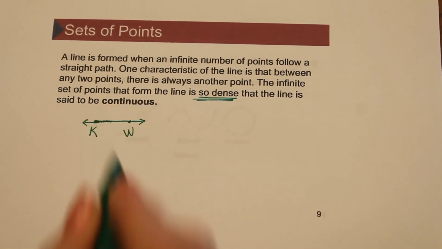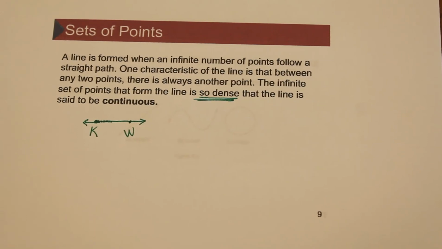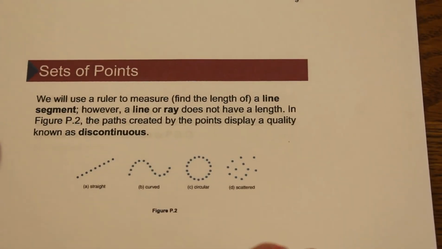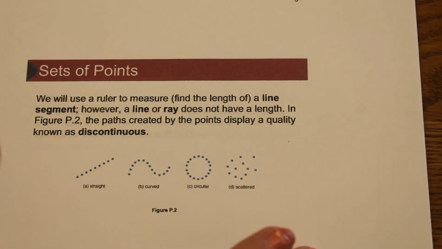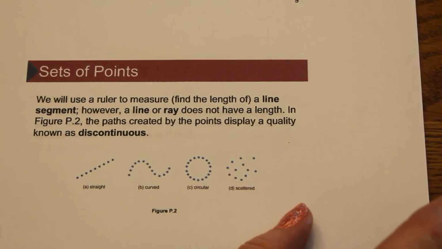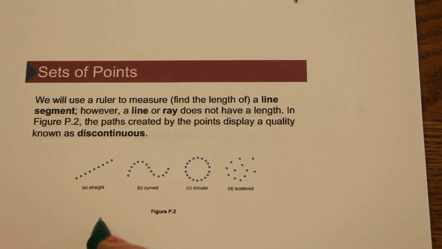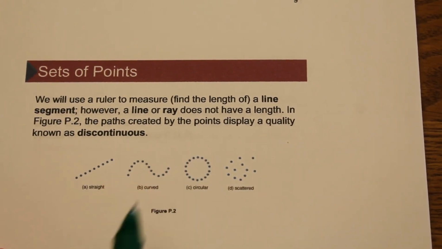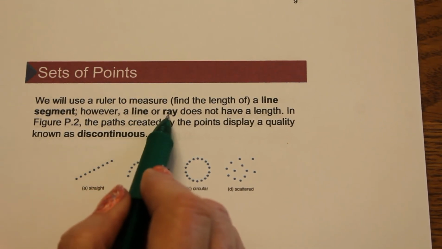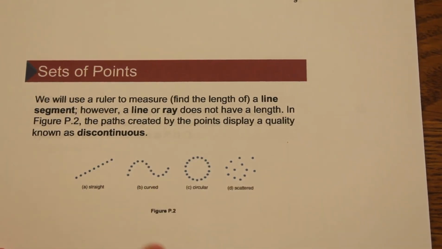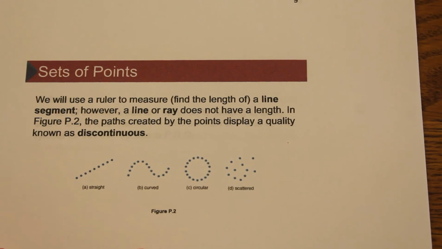And we'll put the arrows on there to get used to some notation for sets and for lines. Eventually we'll use a ruler to find the length of a line segment. A line segment has endpoints, but a line and a ray do not have lengths. Their points go on forever and ever.